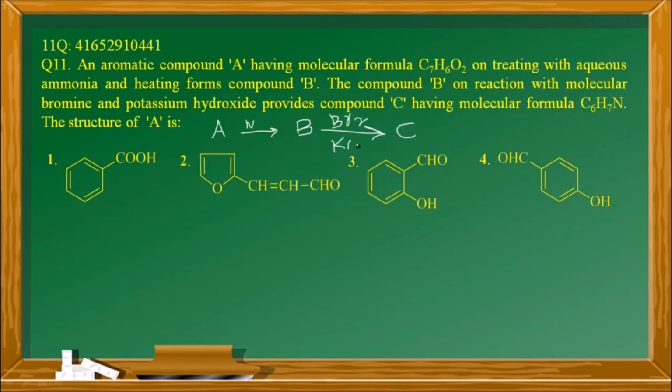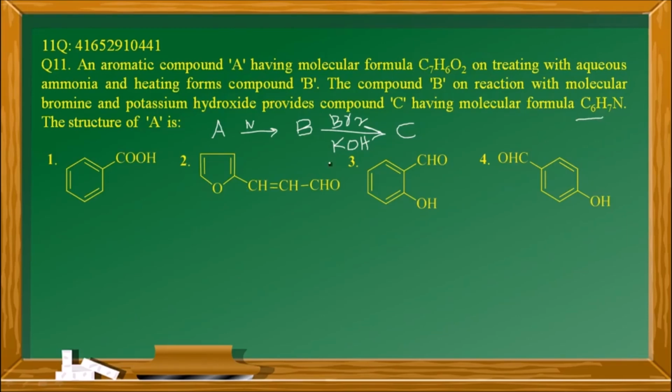This is bromine and KOH. Yes friends, this reaction is known as Hofmann's bromamide reaction. That means degradation will take place. How many carbons are there? C7. What about the product? C6. So there is a degradation.